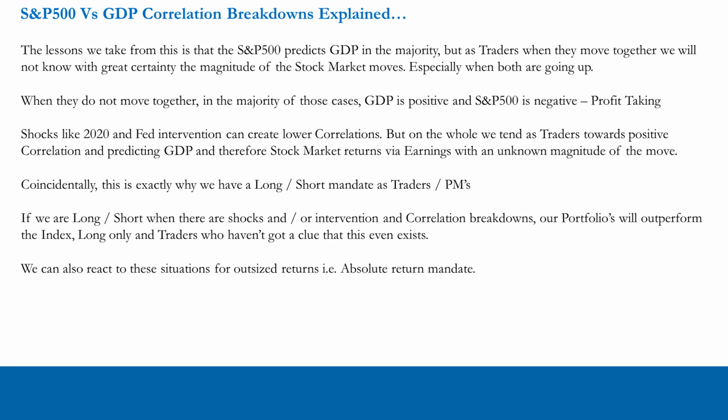We take this approach, and we know at the same time the odds are in our favor, but we know that it's not 100%. We know we can be wrong. We know things can go against us. We know there's statistical outliers that can occur. This is one of the main reasons why we have a long-short mandate.